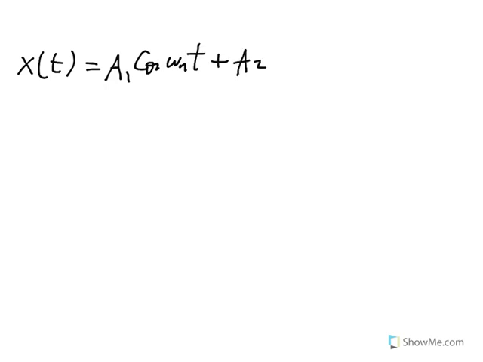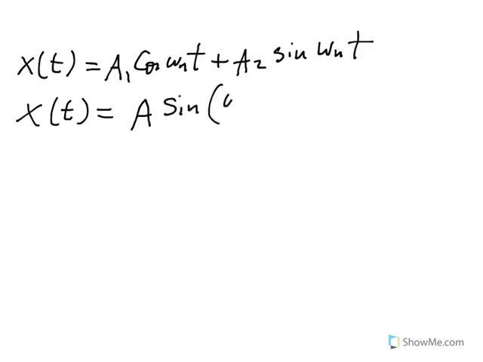Okay, to the next page. Now our solution has become a constant A1, which is now a real constant, cosine omega n t plus A2 sine omega n t. And then anytime you have a combination of sine and cosine, you could eventually make it one constant, either sine or cosine, with argument omega n t plus some phase angle.